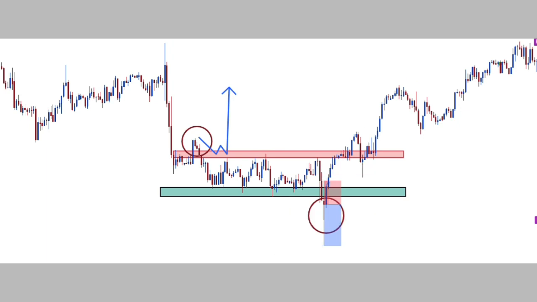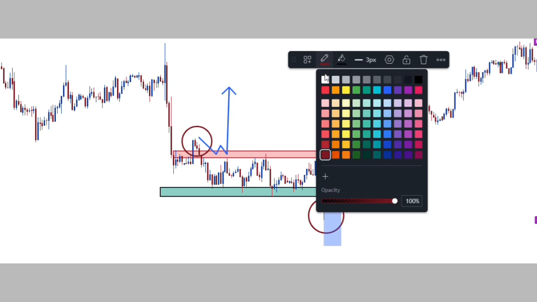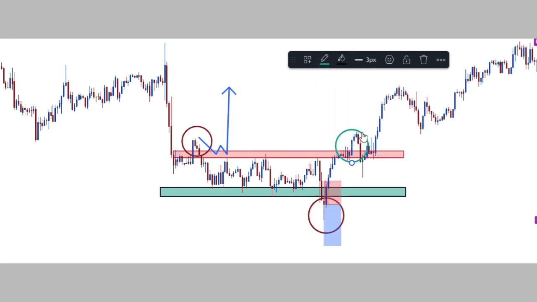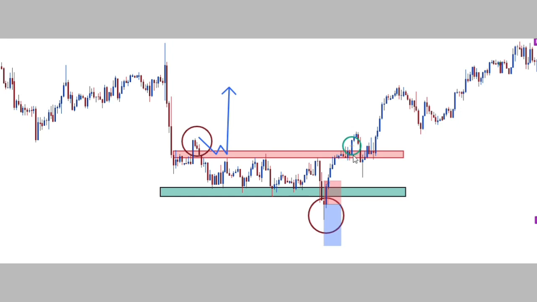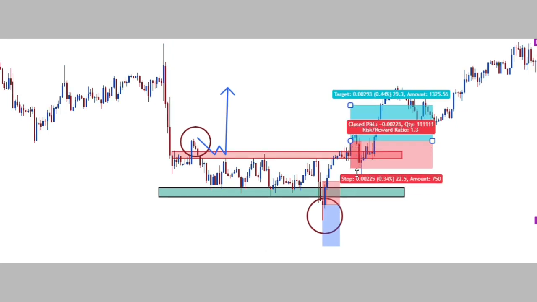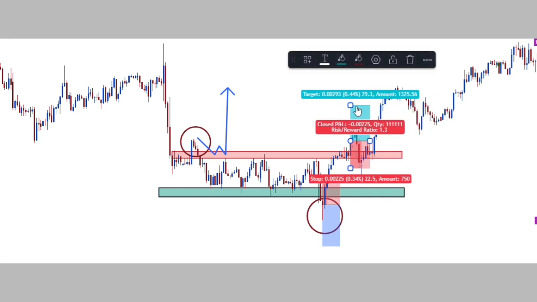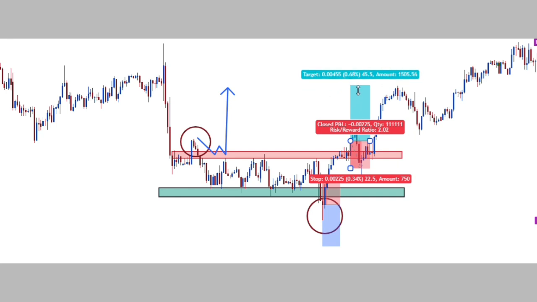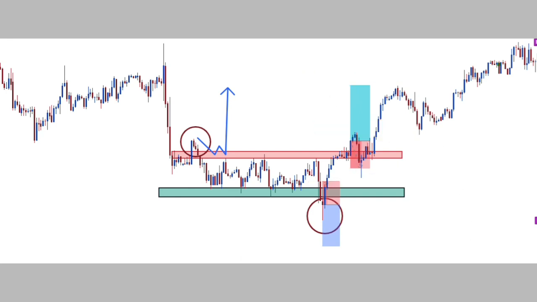There are those also who made a mistake to buy when they see this bullish engulfing candle. You see this bullish engulfing candle here, this one here. So there are those who are buying at that bullish candle. So guess what? If you were to buy at that bullish candle like this, let's say you bought here and you placed your stop loss just below the resistance level and targeted a 1 to 2 reward ratio, something like that.